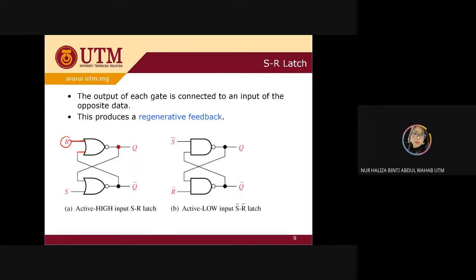This input is from the output. So that's why they are correlated with each other. You need to check the input of S and the input of R, then you can have both connections. The output will be named Q and Q bar.